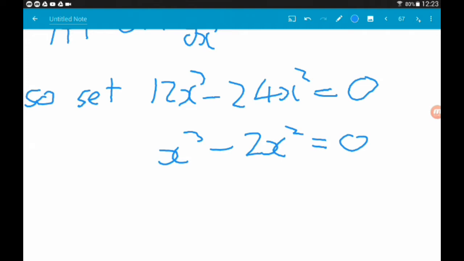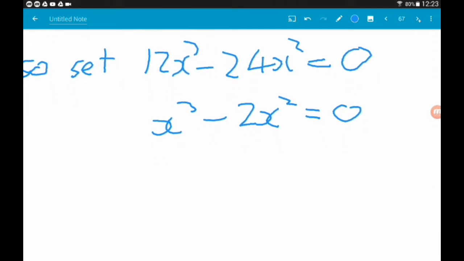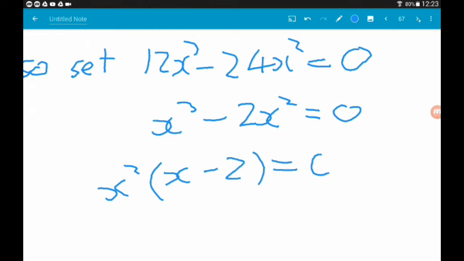So I know it's tempting to divide that away, but don't, because if you do, you lose a solution. Instead, now factorize the left-hand side. So the left-hand side we can write as x squared times x minus 2, which is equal to 0.